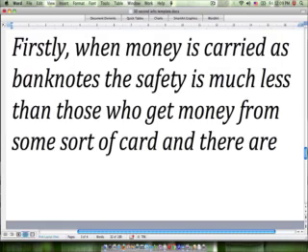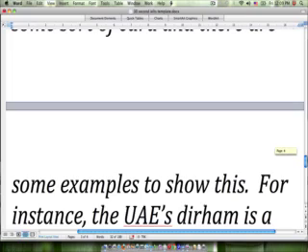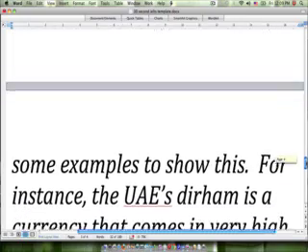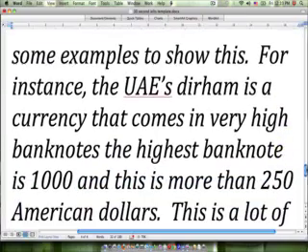Firstly, when money is carried as banknotes, the safety is much less than those who get money from some sort of card. And there are some examples to show this. For instance, the UAE's dirham is a currency that comes in very high banknotes. The highest banknote is 1,000, and this is more than 250 American dollars.